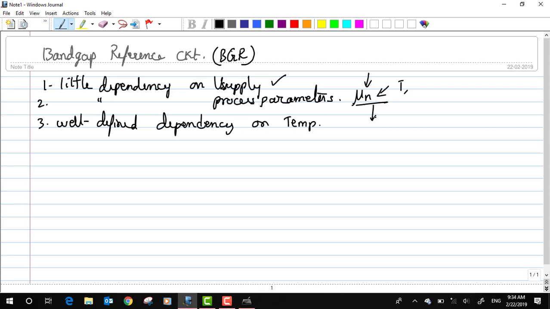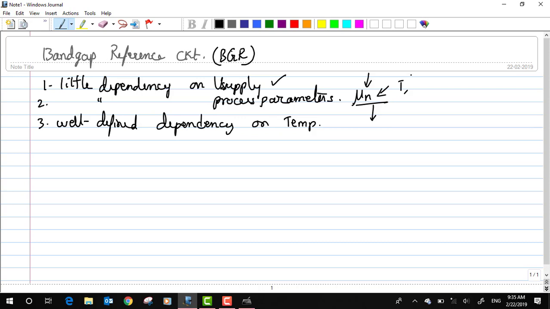So let us first study the behavior of a transistor with respect to temperature, and later we'll use that to build a temperature independent circuit. Okay, so these are the three major important conditions that we need to satisfy in order to build this bandgap reference voltage or reference current source.